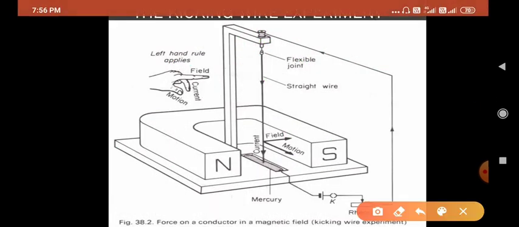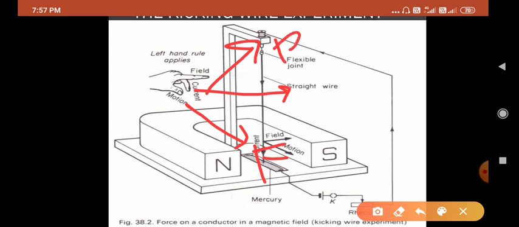If this is your thumb, this is your middle finger, and this is your forefinger, what you have to do is, the thumb you indicate by F, which will indicate the direction of magnetic force. The forefinger you give the short name B, magnetic field, and the middle finger I. So your shortcut is FBI. It will help you to memorize Fleming's left hand rule very easily.